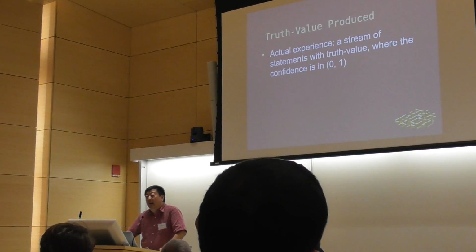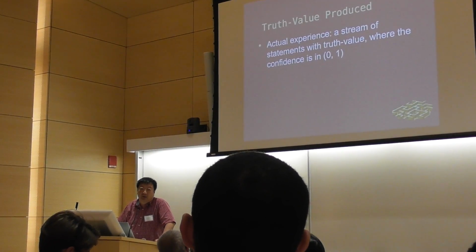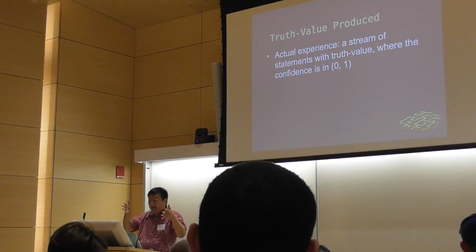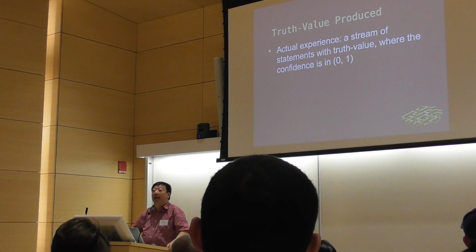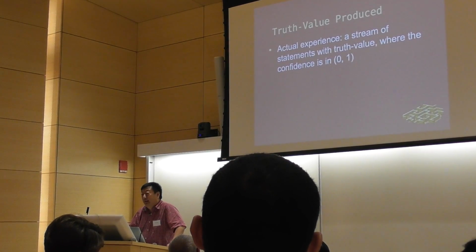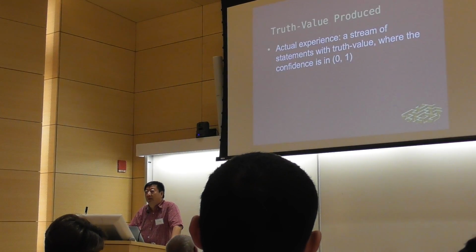So that's how truth values are defined. Okay, how they're actually produced in the system. Of course, two sources. One is the input. Okay, the given, you have to, of course, provide the initial truth value. By you, I mean the user or the designer. Okay? But it will be produced according to the semantics.